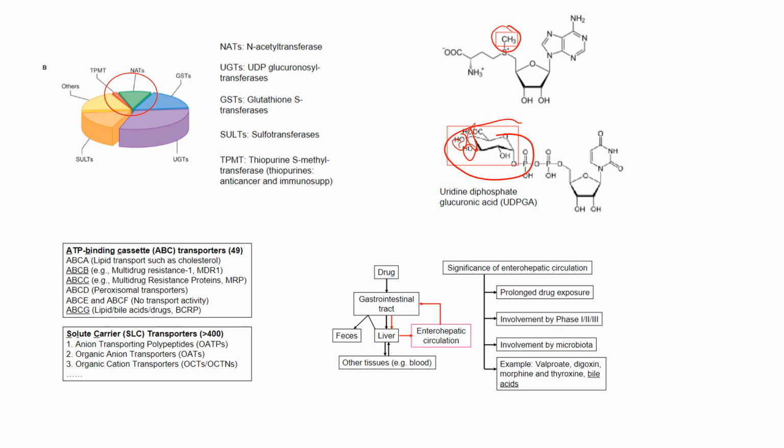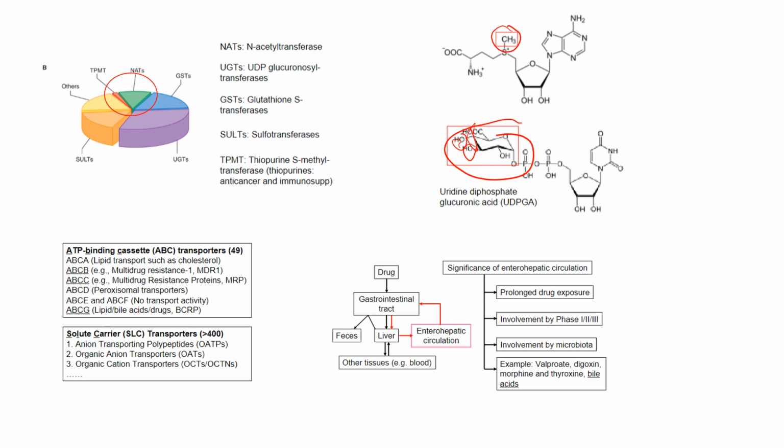TPMT will add a methyl group, and NATs, N-acetyltransferases, will add essentially longer chains of organic carbon chains. Glutathione and sulfur are 2 of the water soluble ones. And essentially, yeah, we generally want these to be water soluble, but in some cases we can use our more lipophilic molecules to be excreted by the liver, and that kind of just depends on the drug.